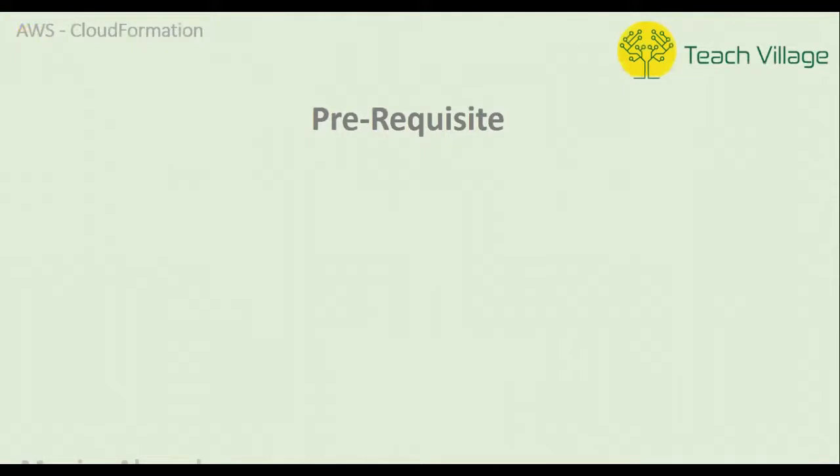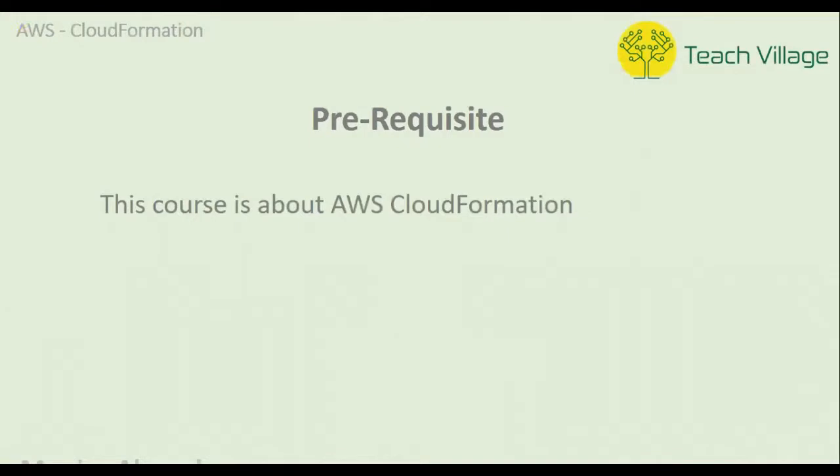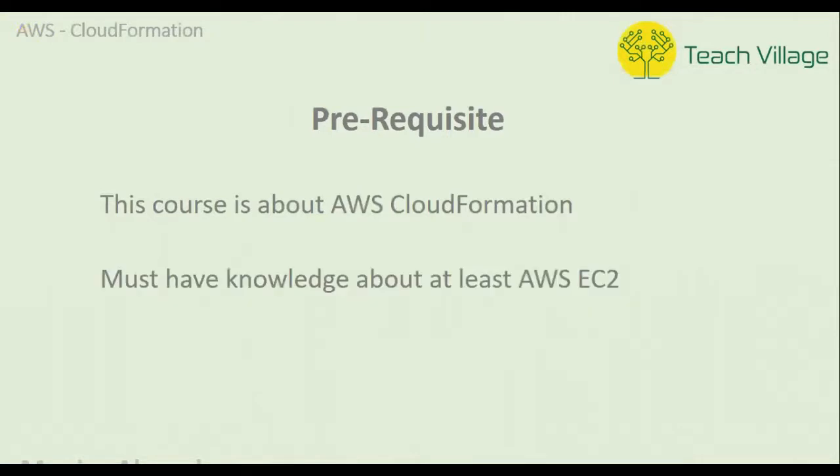To start this course, there are some specific prerequisites. The first is that, as this course is on AWS CloudFormation, which automates tasks that could be done by other AWS tools, a learner must have at least EC2 knowledge. A learner should have a basic level of understanding of AWS EC2.